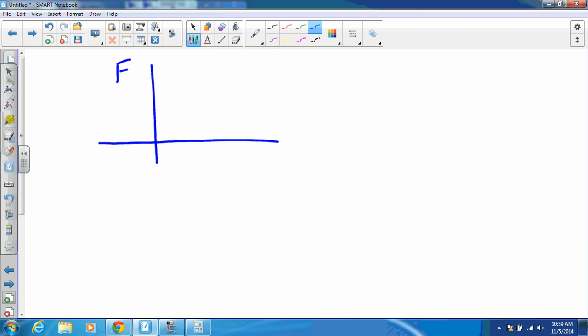Let's imagine that we have an object with a force that is given in a graph. Let's say that the force has a maximum value of 10 newtons here, and the distance traveled is going to be 4 meters, like so.